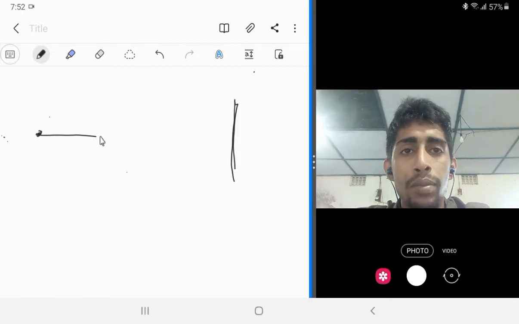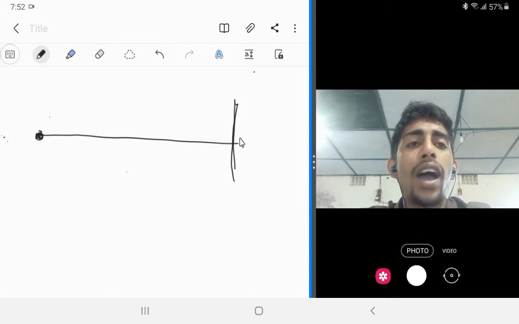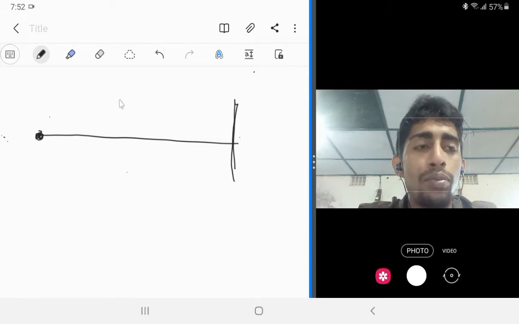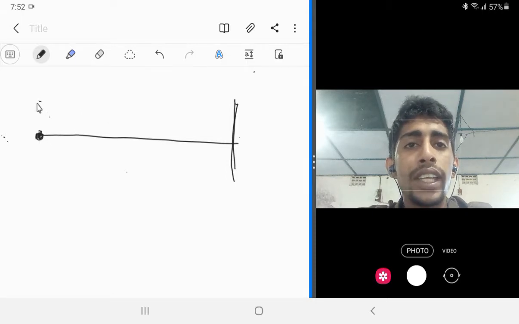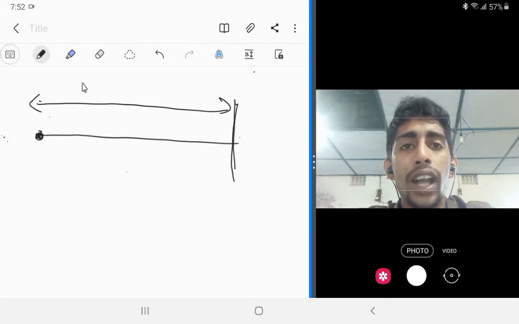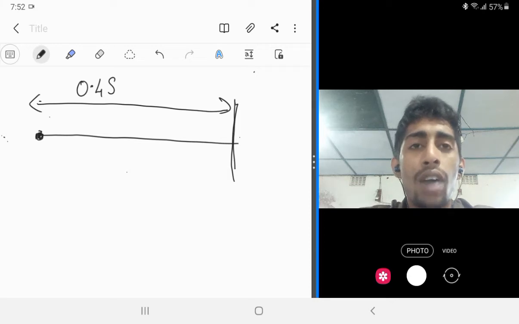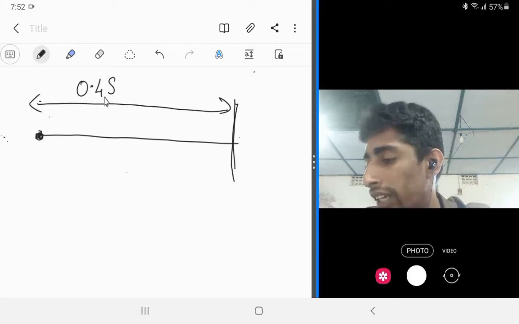So this is the man and the cliff, and when he fires a gun, he hears the echo after 0.4 second.